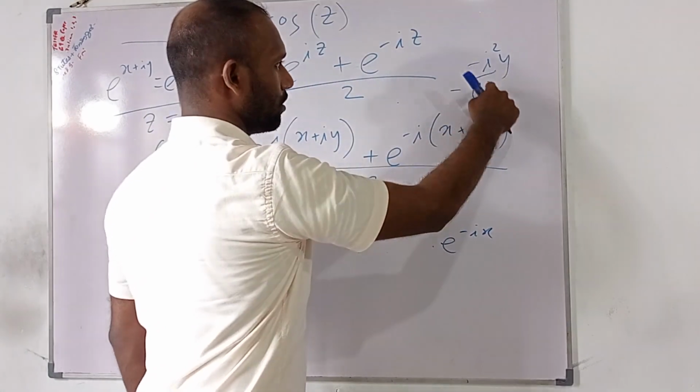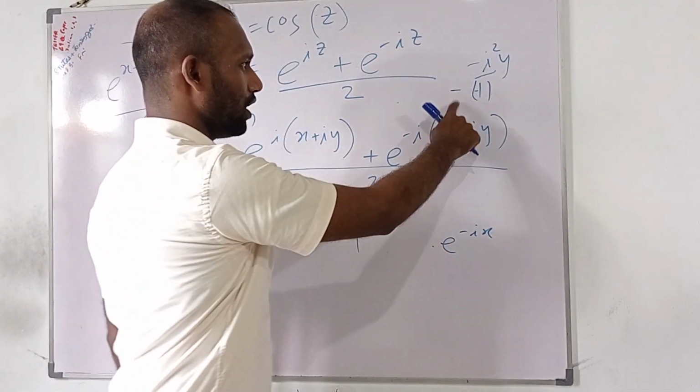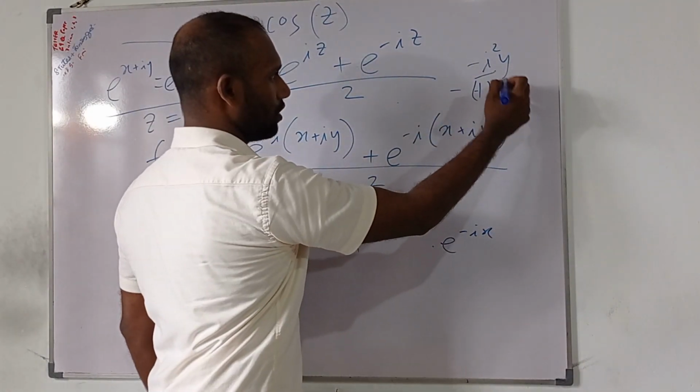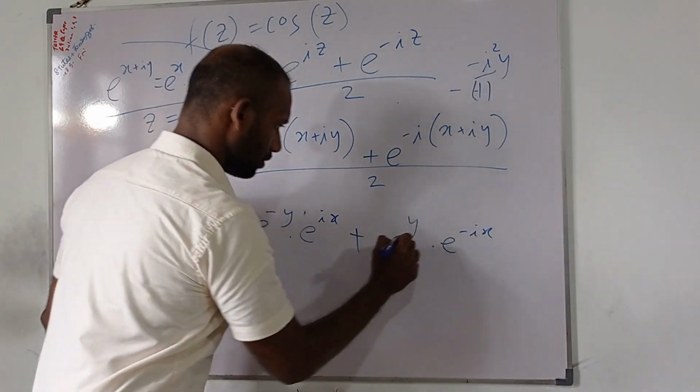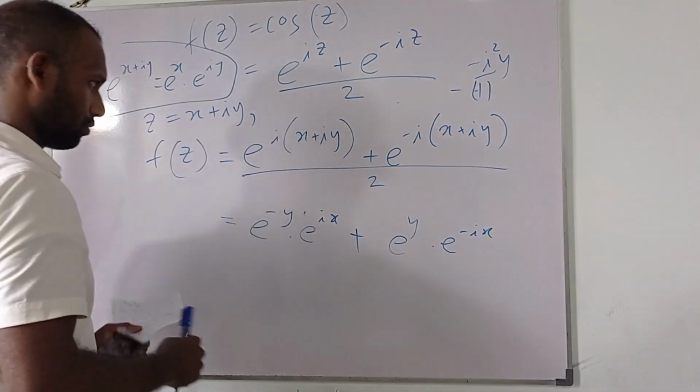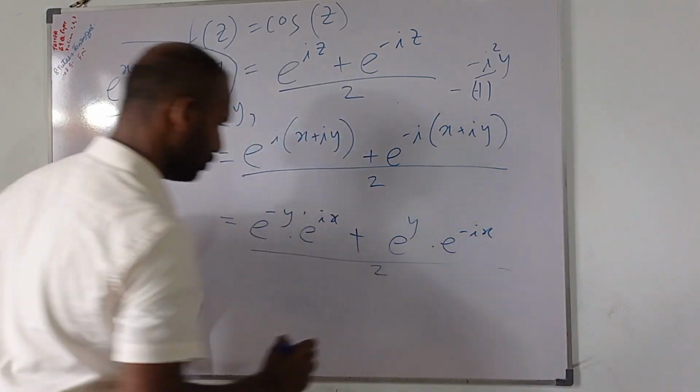I squared equals minus 1, minus times minus 1 equals 1, so y, over 2.